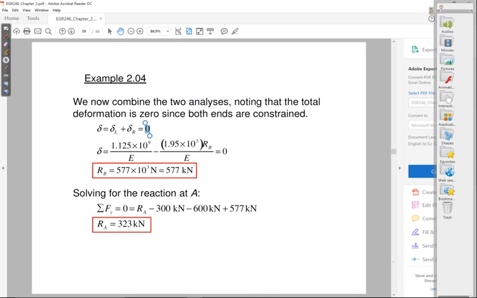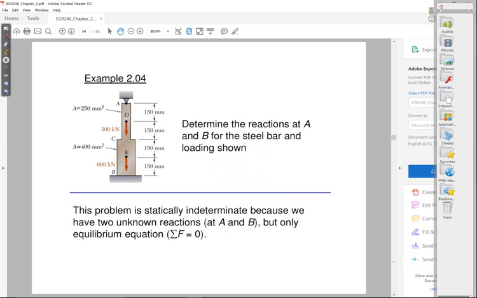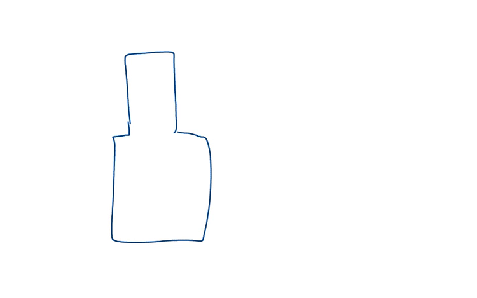All right, what else can I ask you in this problem? Once you know what RA and RB are, what else can I ask you? I could ask you to find the stress in every single one of these segments. Okay, so let me draw this problem. You've got, this was 300, I believe, kilonewtons.